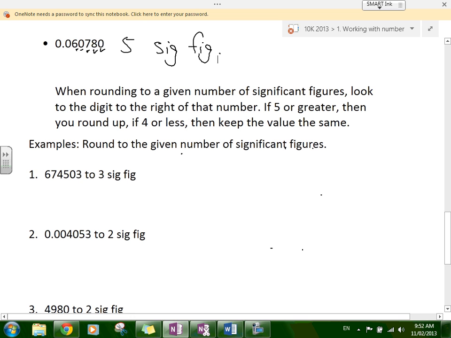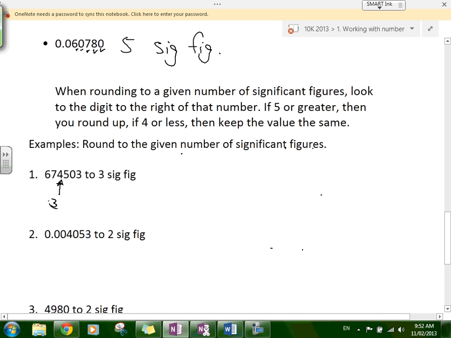Alright, so we want to round these to various significant figures. So we want to round 674,503 to 3 significant figures. Alright, now the first question is, which is the third significant figure? The 4 is the third significant figure. Good.